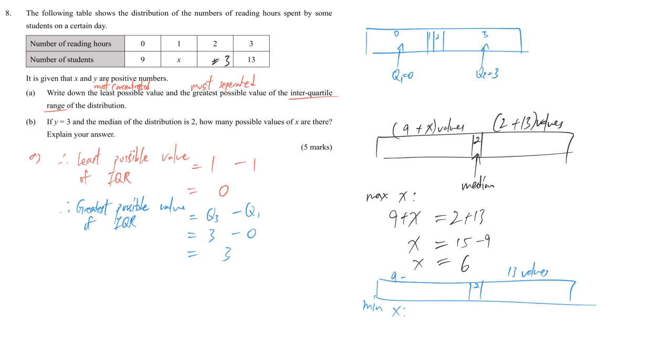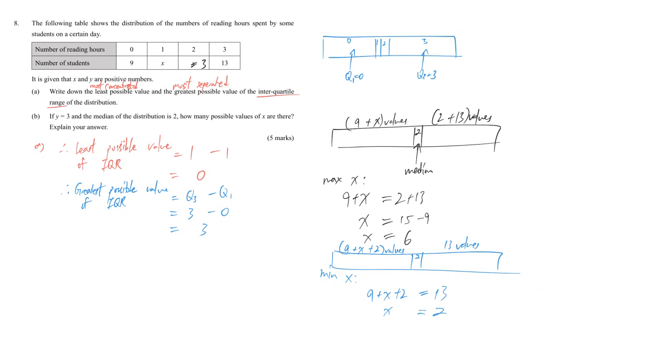So for the minimum X case, we write down 9 together with X together with 2. The left hand side should equal the right hand side number of values, 13. So X is equal to 13 minus 11, which is 2.